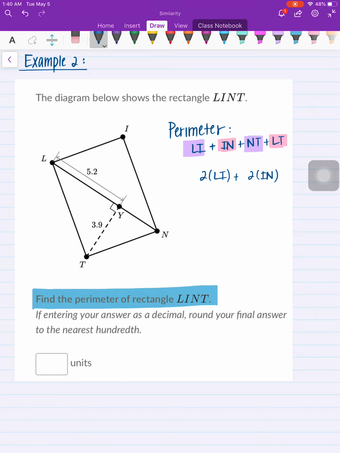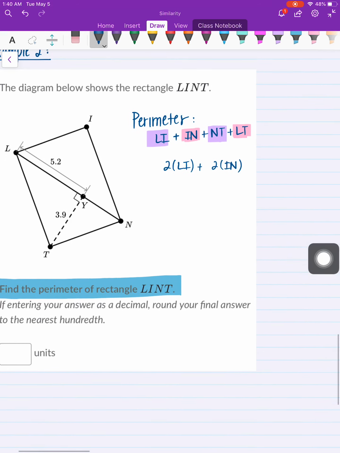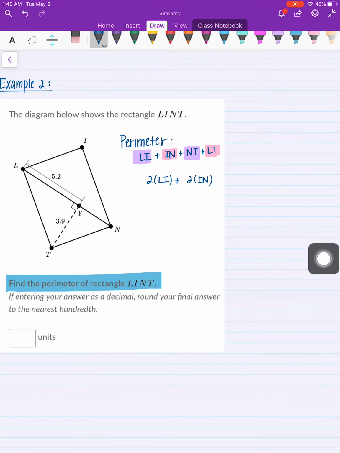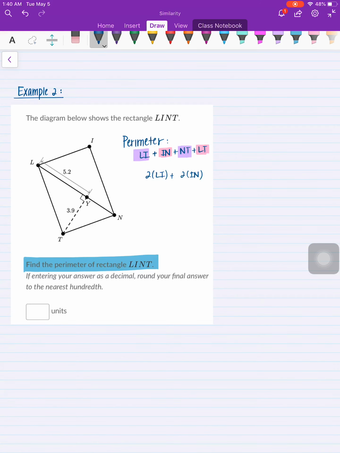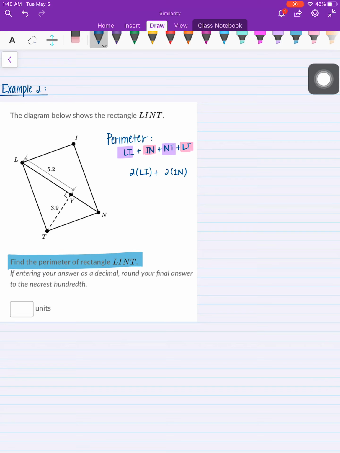So let's see what we're given. There are actually 3 triangles in here. We have LYT, we also have triangle NYT, and we have triangle LIN. I'm going to draw one of the triangles on this side, and this is going to be a right triangle.